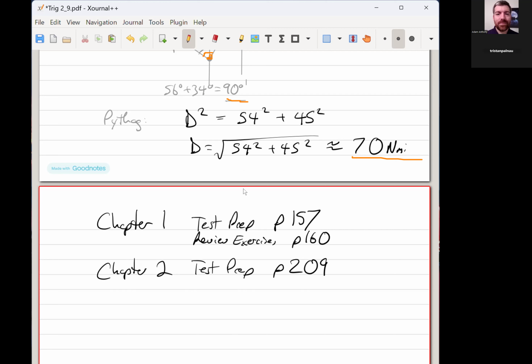Anyway, what do you want to do to prepare for the test? Well, the questions on the test are the same type of questions that you see on the homework, the same as the examples I do in class, and the same as the examples you find in your book in the sections and also in these review areas of the book.